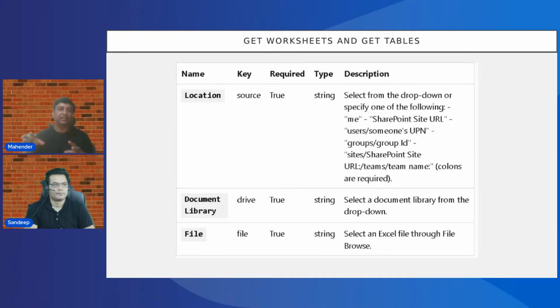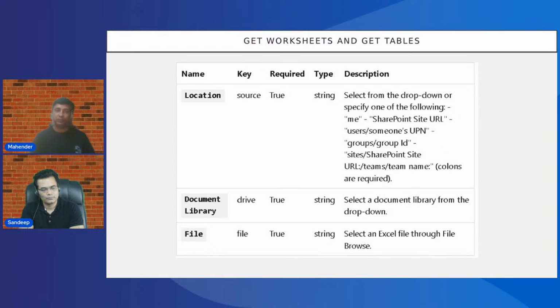If there is a worksheet, you have some location where you have stored your file. It could be SharePoint, it could be OneDrive, where you have this worksheet, and you want to fetch that worksheet and the data that is part of the table. It means you want to fetch the table that is part of the worksheet.